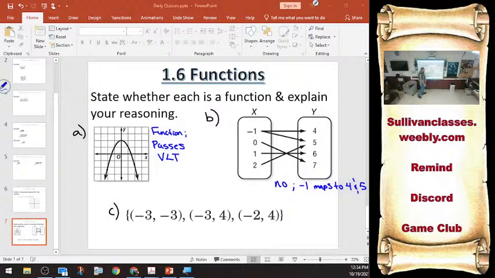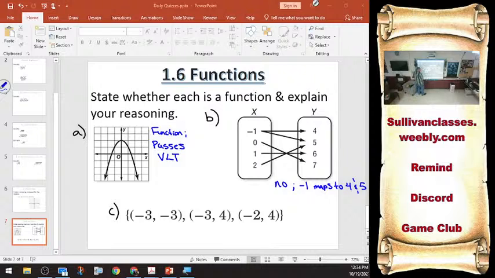Or I would say because -1 goes to, instead of maps to, or -1 results in 4 and 5, or there's an x value that maps to two y values. Some sort of wording like that.